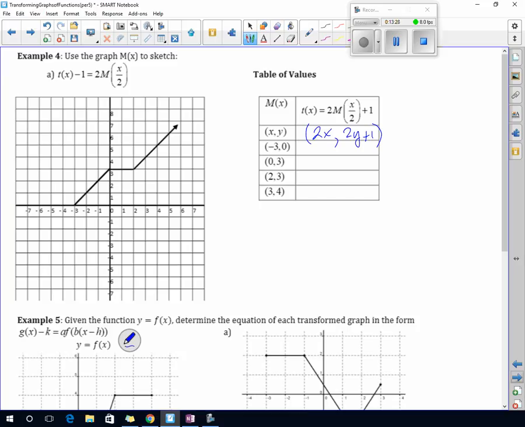Then I'm going to plot -1. 0 goes into 2 times 0 is just 0. 3 goes into this rule. 2 times 3 is 6 plus 1 is 7. So 0, 7. 2, 3. 2 goes in, I get 4. 3 goes in, I get 7 again. So 4, 7.